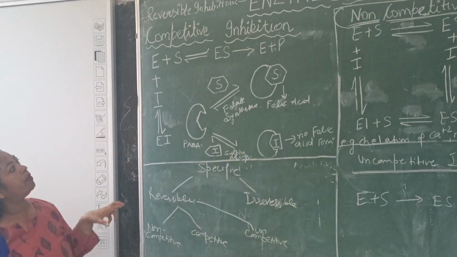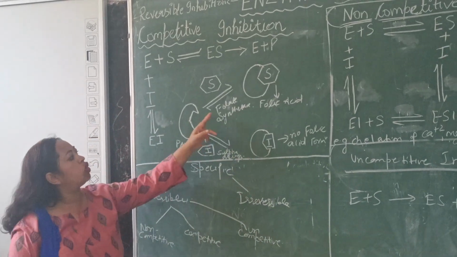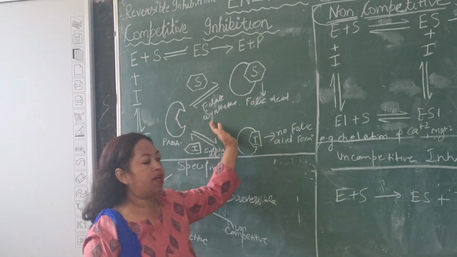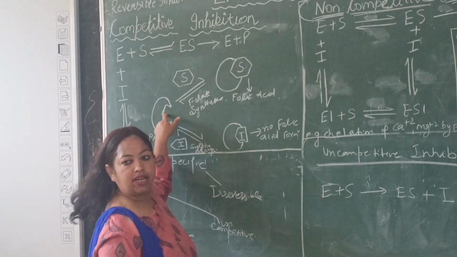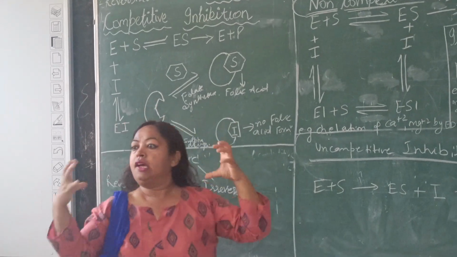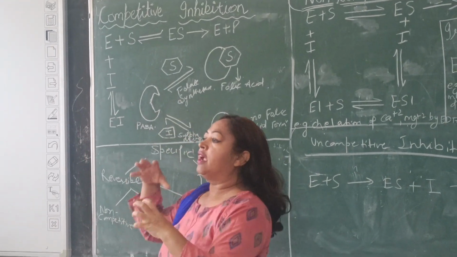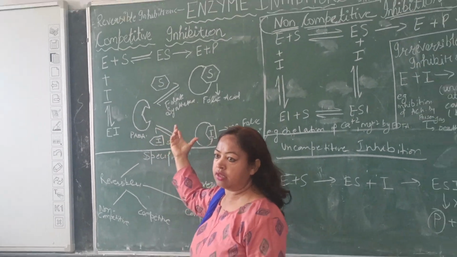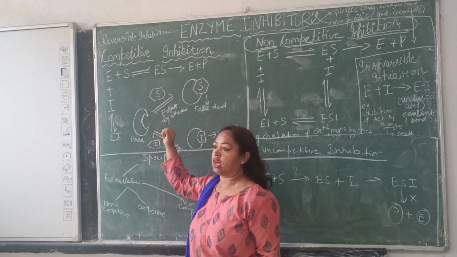So this is competitive inhibition, where there is a competition between these two for the active site, where the enzyme will bind and form the enzyme substrate complex and the product.